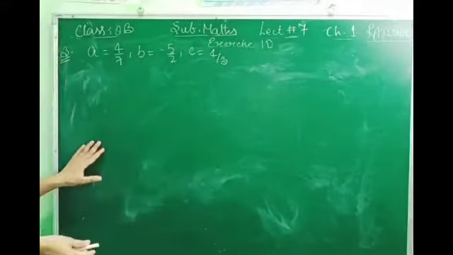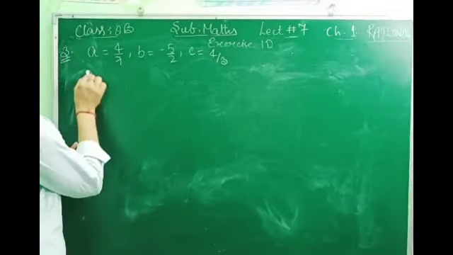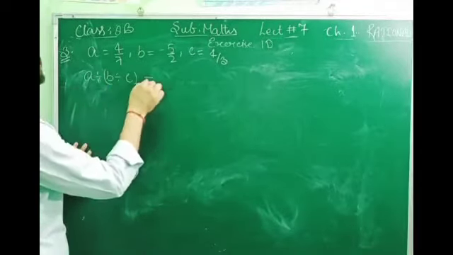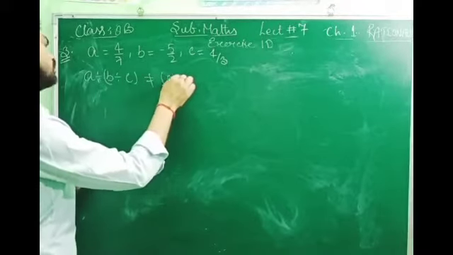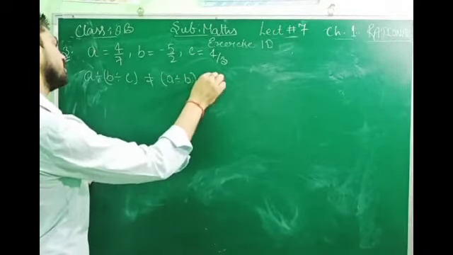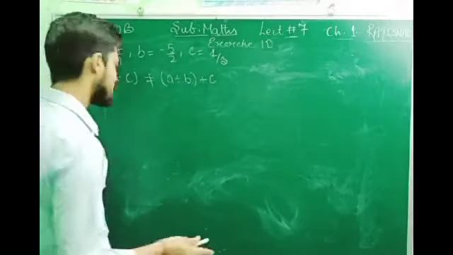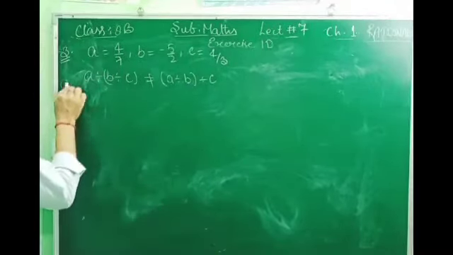Show that A divided by B divided by C is not equal to A divided by B divided by C. Let us prove it.